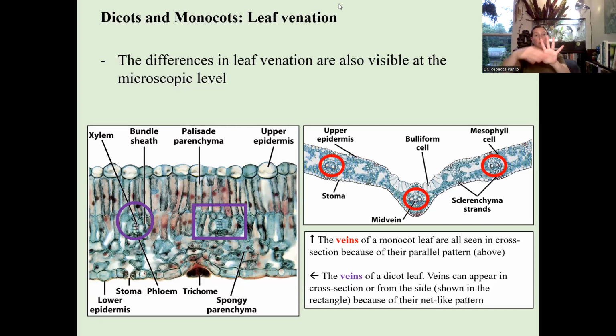And if you were to do a cross-section and do a microscope slide, like this finger might be pointing directly at you from the microscope, but these other ones you're seeing kind of like the sides of it, right? Because they're not parallel, they're net-like. And that's what you're seeing on the right here. The purple circle shows you one vein that is facing you, whereas the purple rectangle is showing you kind of like the side of another vein.